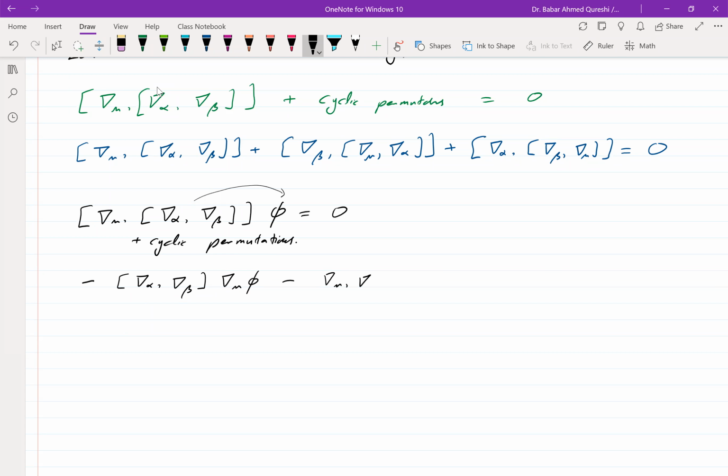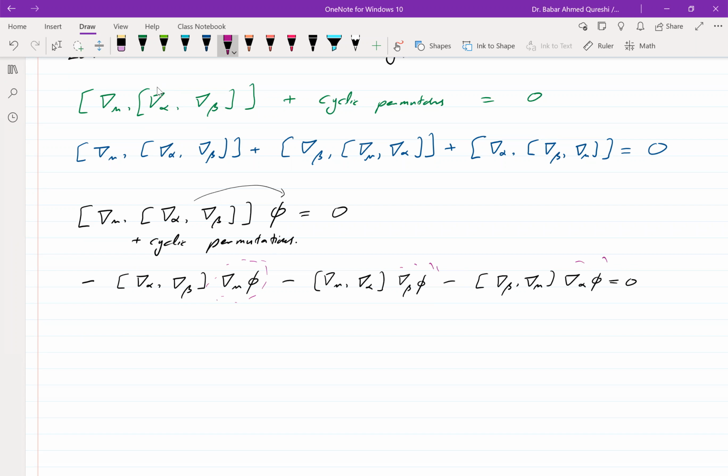So d mu, d alpha, d beta of phi minus d beta, d mu, d alpha of phi, and this is 0. Now I can consider, well, this is now a one-form index, a one-form object.